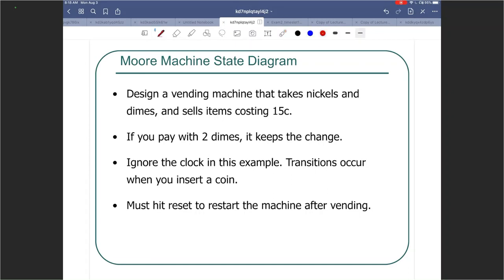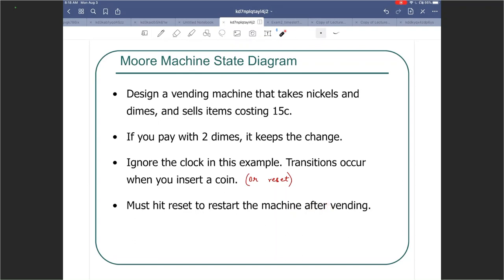So even if you press reset on the vending machine, that also counts as an active event which can go from one state to the other. And that leads us into this last assumption, which is must hit reset to restart the machine after vending.